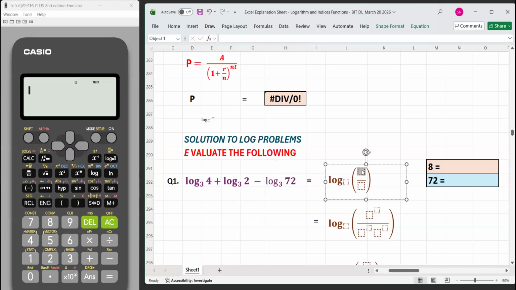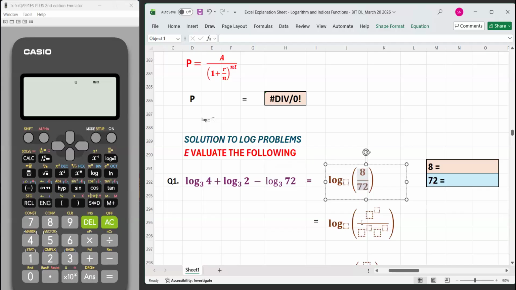So what is 4 times 2? Eight. I hope you know how I got the 8. And then what happens when you are subtracting? It is division. So that gives you 8 divided by 72.